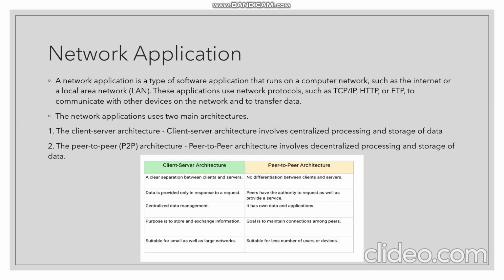In the client-server architecture, data is provided only in response to a request, whereas in peer-to-peer architecture, peers have the authority to request as well as provide a service. In the client-server architecture, the purpose is to store and exchange information, whereas it is not like that in the case of peer-to-peer architecture. The goal is to maintain connections among peers in the P2P.